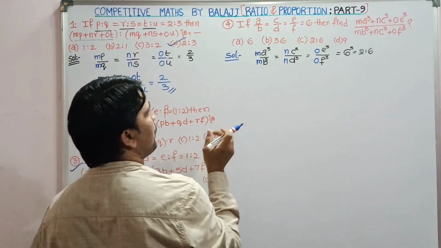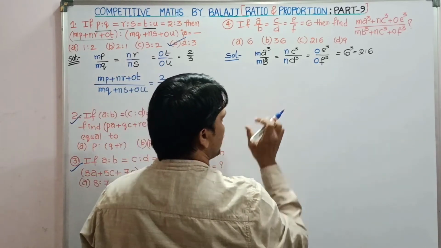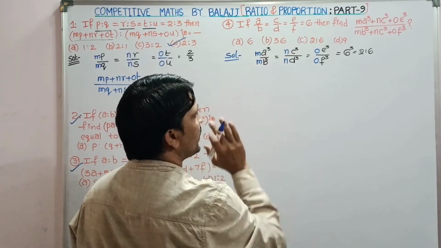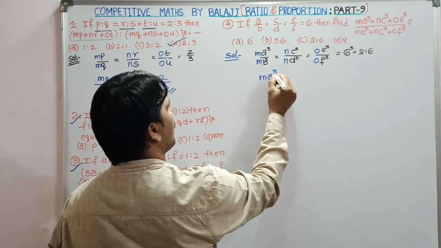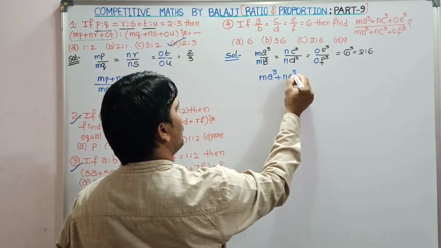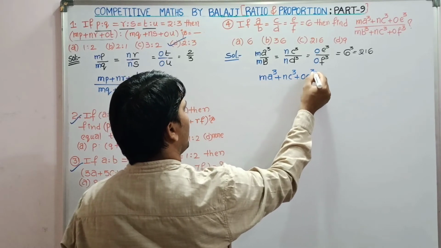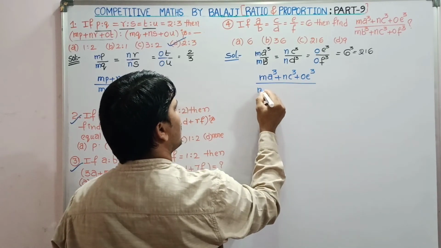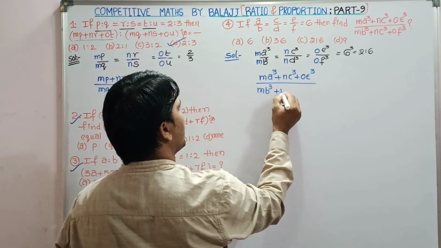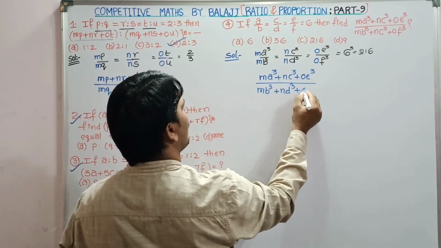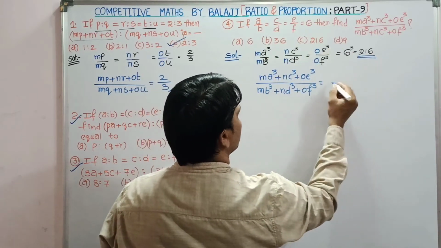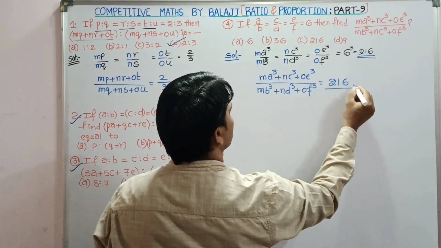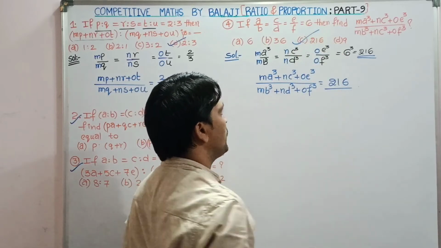By addendo property, each ratio is equal to the sum of their numerators by the sum of their denominators. Therefore, MA cube plus NC cube plus OE cube by MB cube plus ND cube plus OF cube is also equal to each ratio, that is 216. So the answer is C.